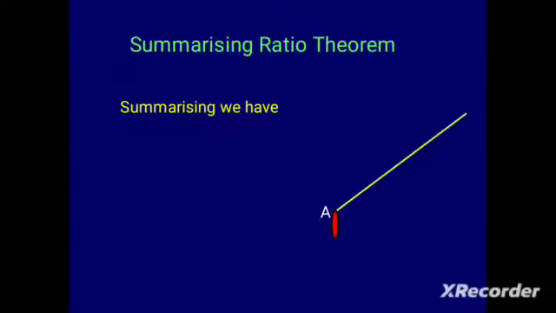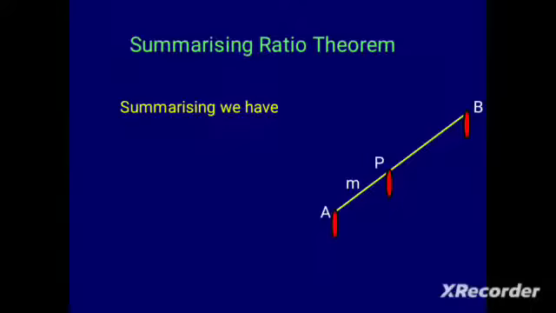So we can summarize the ratio theorem by a question. So we have a line AB, and P is a point on the line AB. It divides the line AB at a certain point.